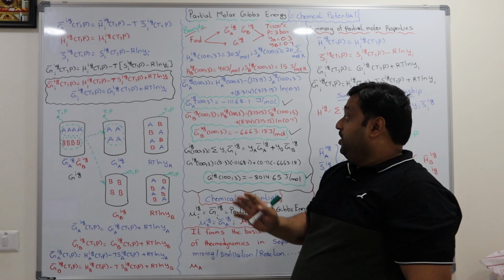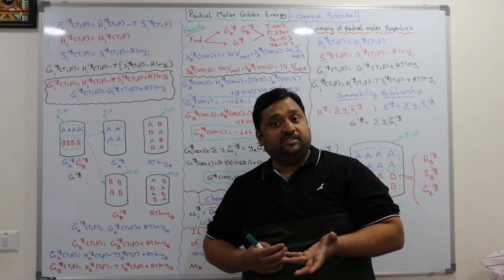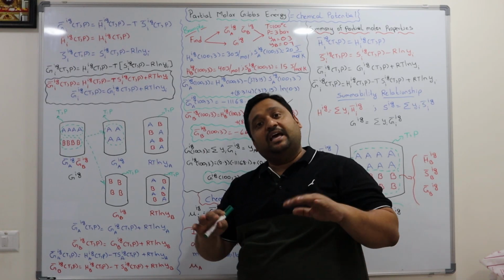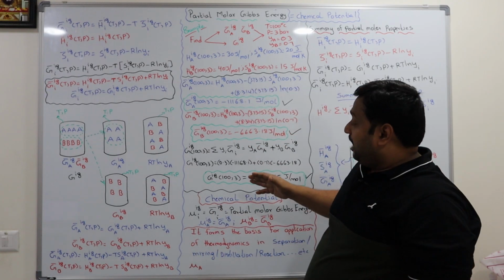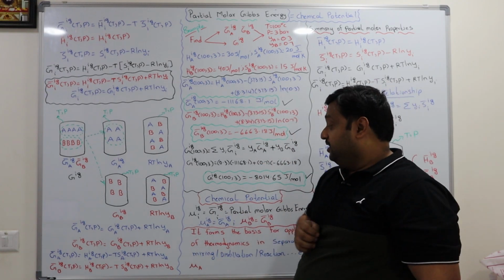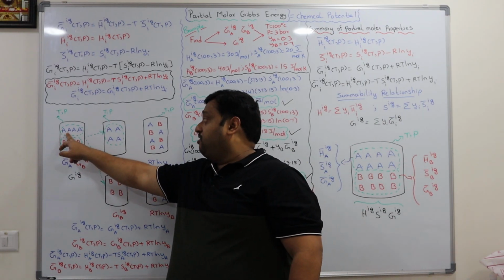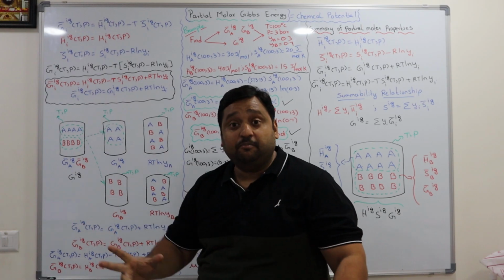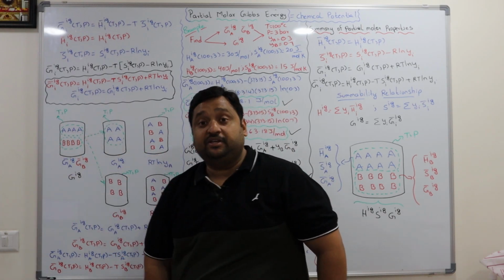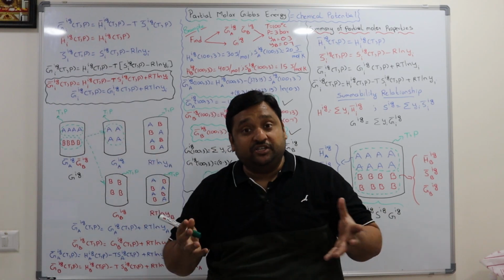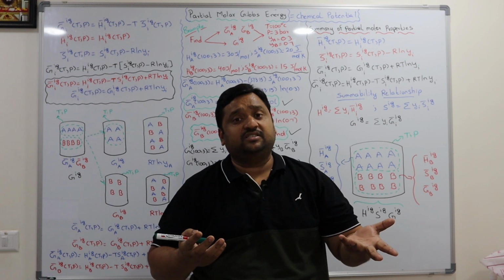This is how you can calculate the partial Gibbs energies of A and B given enthalpy, entropy and mole fraction values. And ultimately, this is the beauty: the partial Gibbs energy of A and the partial Gibbs energy of B are nothing but the chemical potential of A in the mixture and the chemical potential of B in the mixture. Ultimately, the chemical potential is responsible for separations, purifications, distillations, everything.